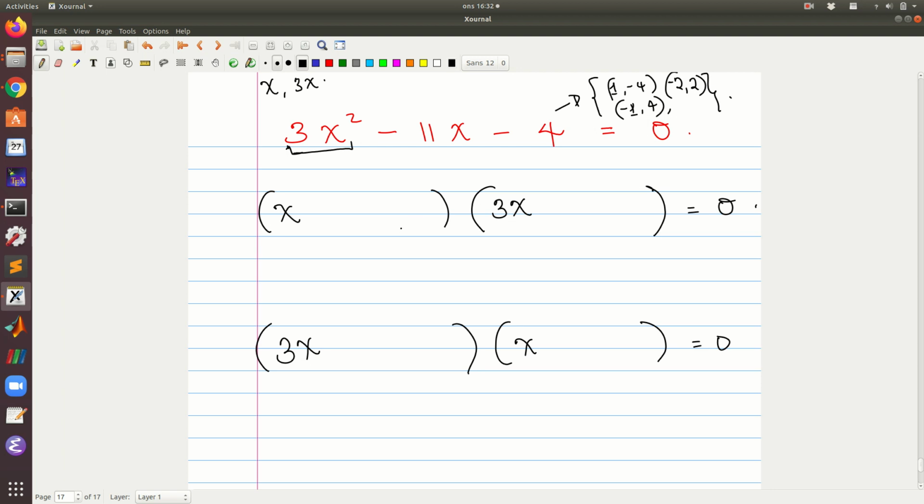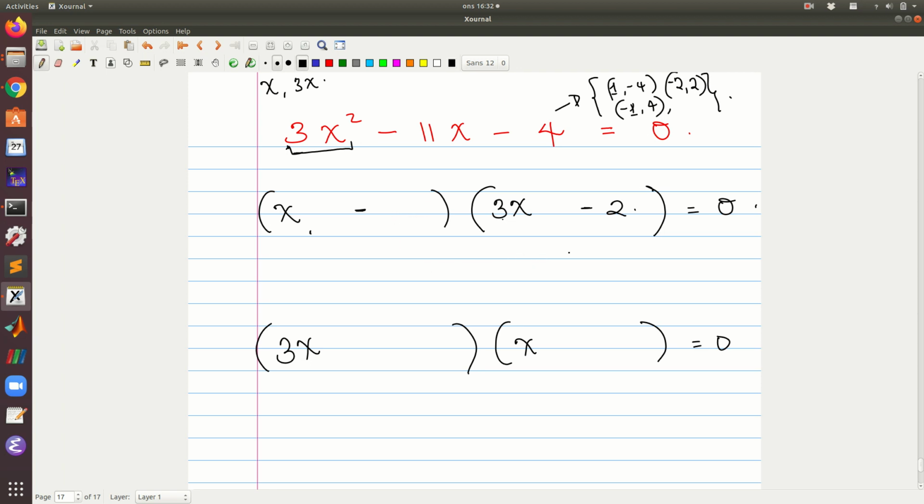Okay, so let's see. We have minus 2, minus 2. So this is going to be minus 2x, and that is going to be minus 6x. So we have minus 2x minus 6x. No, it does not give us the desired middle term.